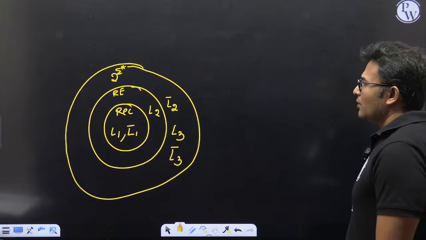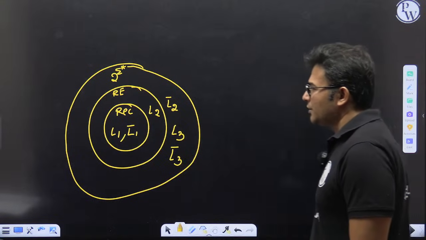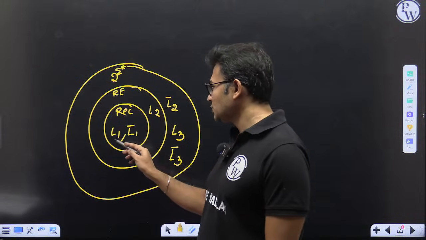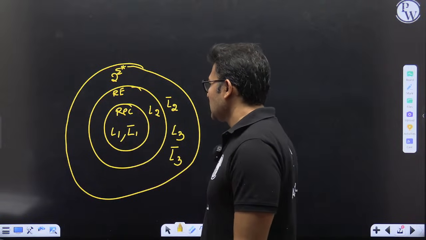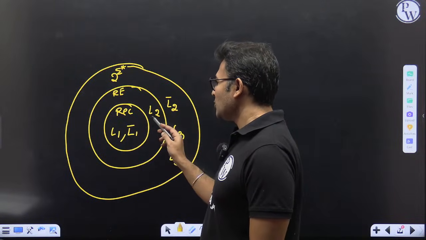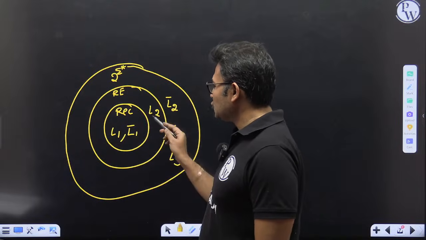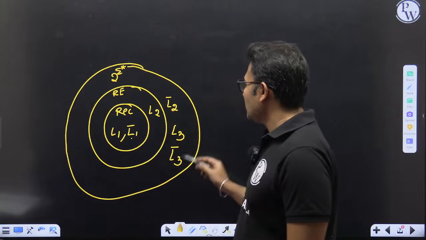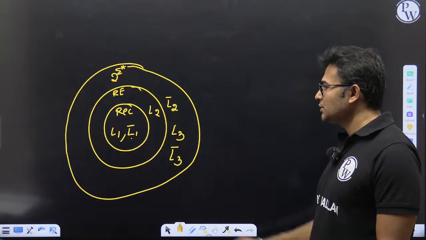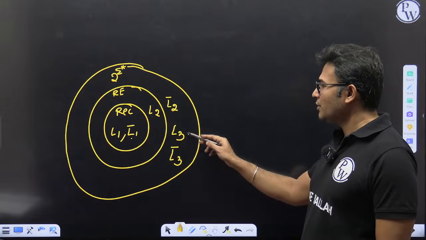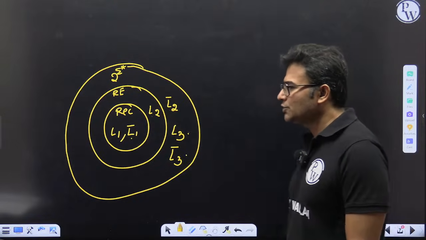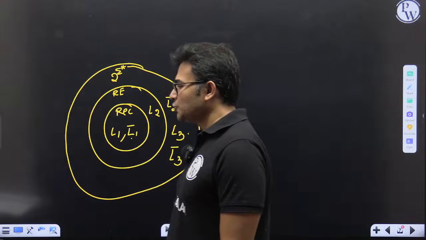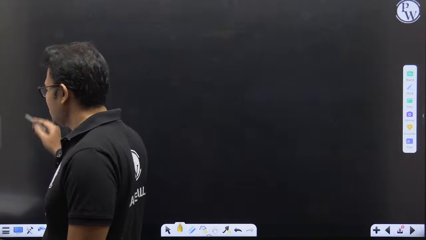Therefore, what are the points you can understand here? If a language is recursive, its complement is recursive. If a language is recursively enumerable, then its complement may be recursive, may not be recursive. There are some languages which are not recursive, whose complement is not recursive. So based on this, we will see some points.